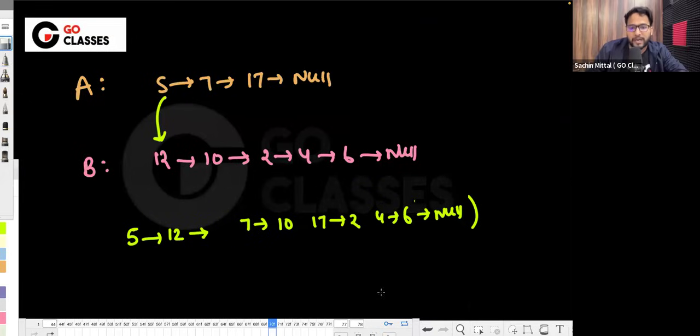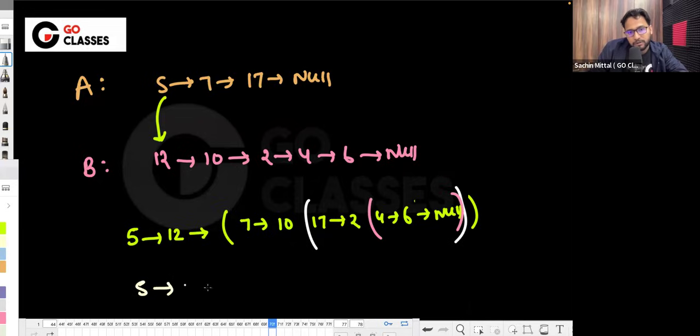Every one of these is a recursive call. So you can say it like this, and then here one more like this. Ultimately we are returning to the first recursive call, which means it will be returning 7, 10, 17, 2, 4, 6, null.